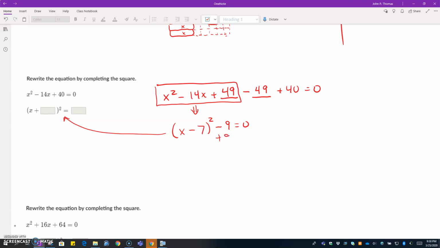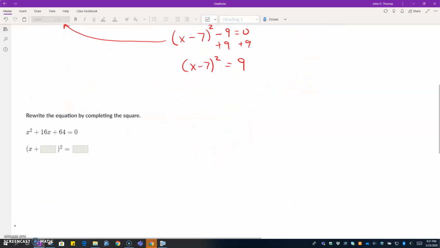So I'm going to add that 9 over, and I've got x minus 7 quantity squared equals 9. So in this first blank, to get an x minus 7, I'm going to need to put a negative 7 in there. And for the second blank, I'm going to have to put a 9.